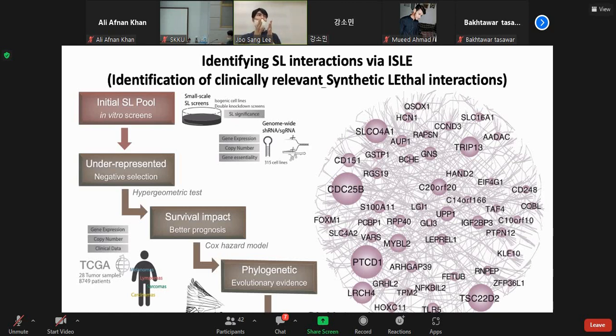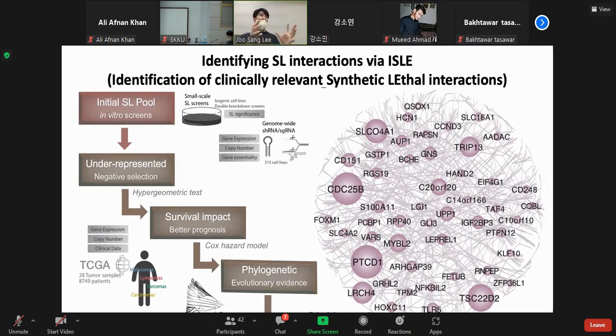For example, the best known synthetic lethal partners, BRCA and PARP, both involve the DNA damage response pathway, right? BRCA fixes double strand breaks, and PARP fixes single strand breaks, and co-inactivation of them leads to cell death.